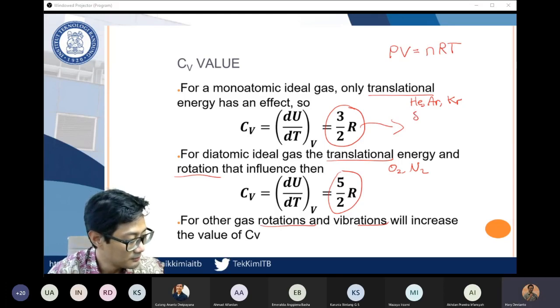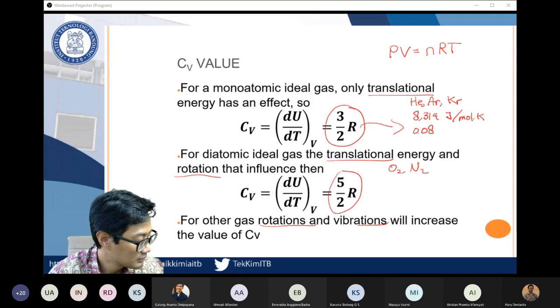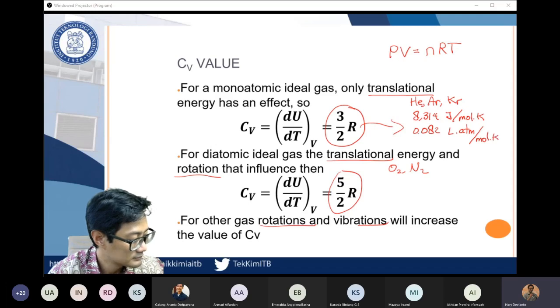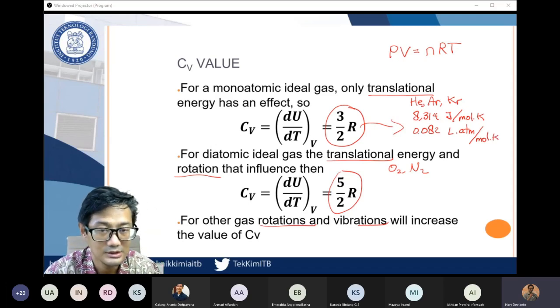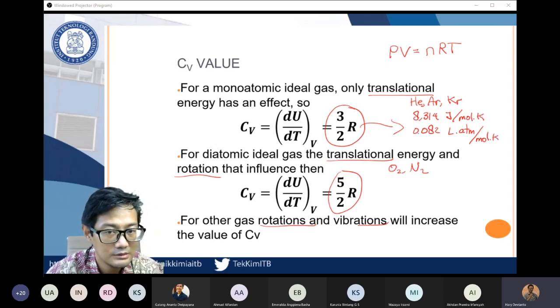You can use 8.314 joule per mole Kelvin, or 0.082 liter atmosphere per mole Kelvin. Okay, so this is the value of Cv for monoatomic or diatomic ideal gas.